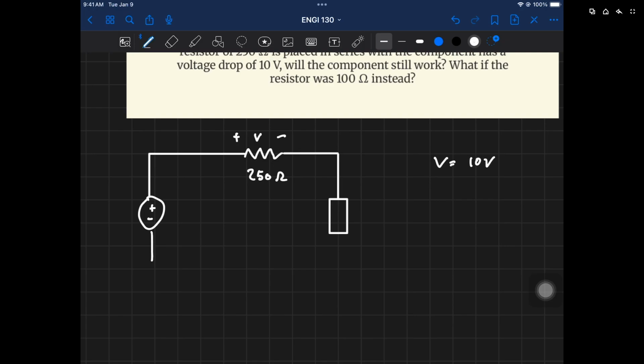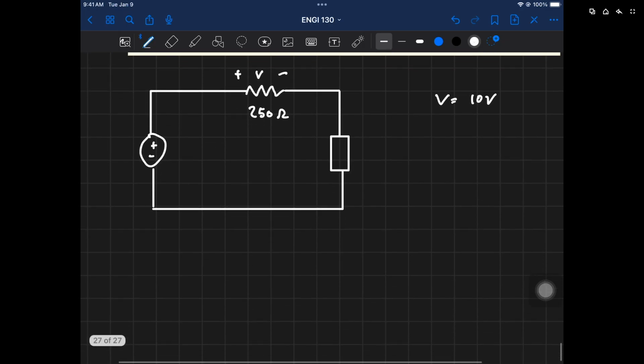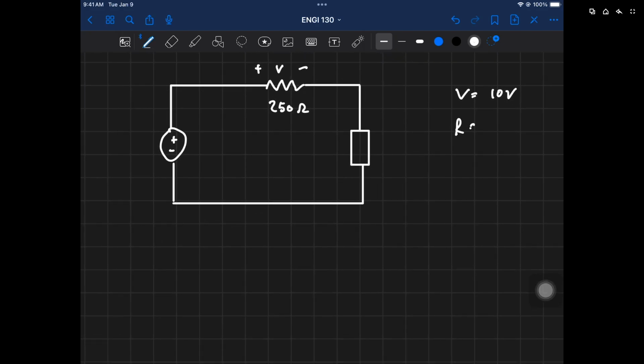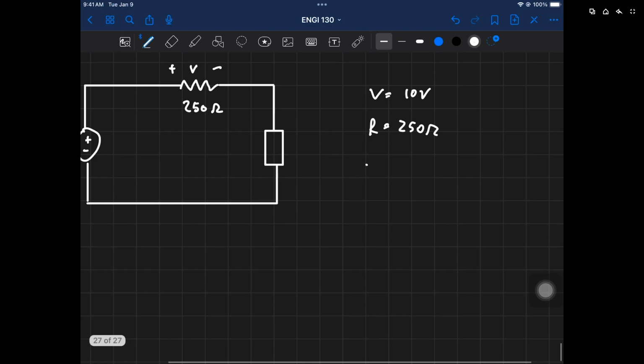Now let's do an Ohm's law analysis on this. We know that R = 250 ohms, and with these two we can calculate I. We know V = IR, and thus I = V/R. So I = 10/250.